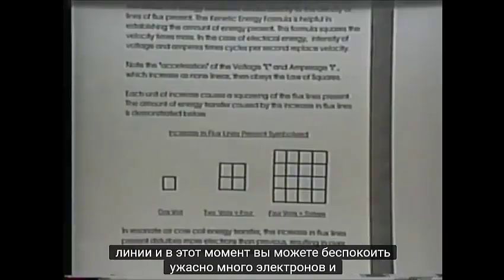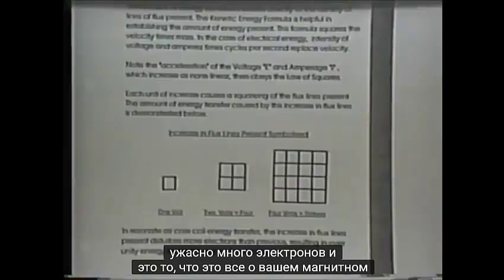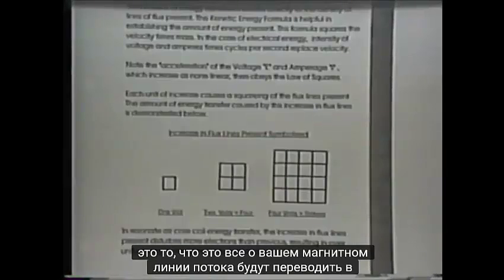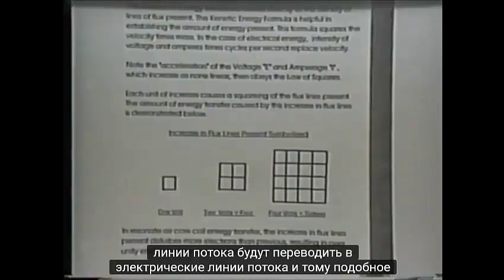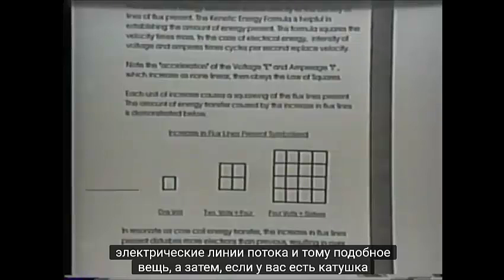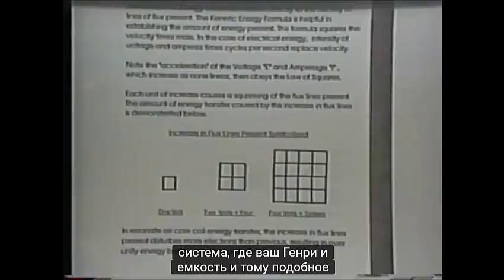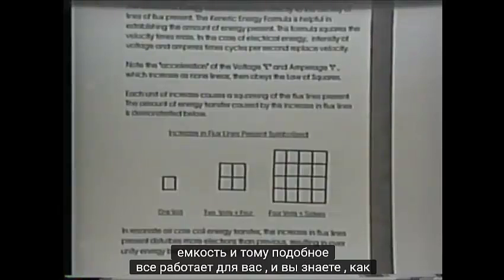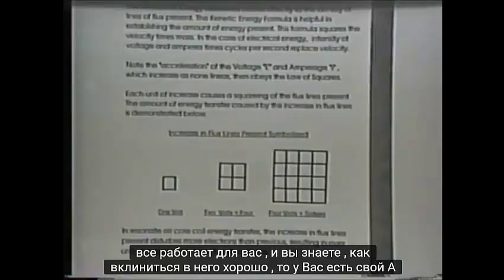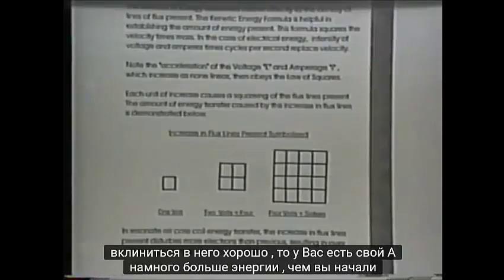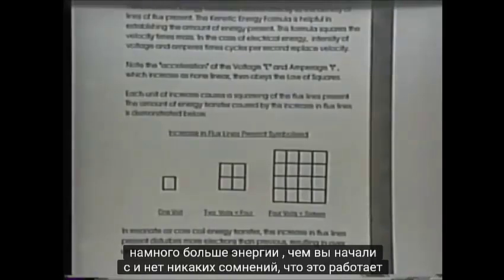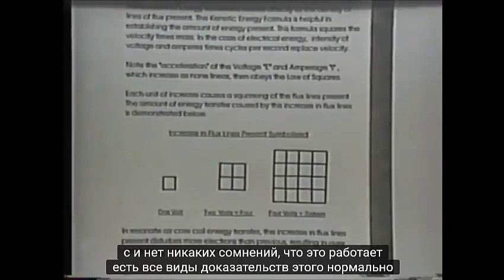And at that point, you can disturb an awful lot of electrons. And that's what it's all about. Your magnetic flux lines will translate into electrical flux lines and that sort of thing. And then if you've got your coil system where your henries and capacitance and that sort of thing are all working for you, and you know how to hook into it, well, then you've got a lot more energy than you started out with. And there's no doubt that it works. There's all kinds of evidence for it.